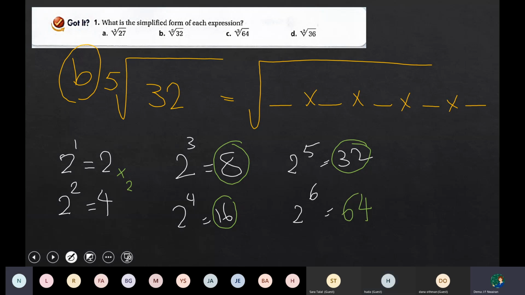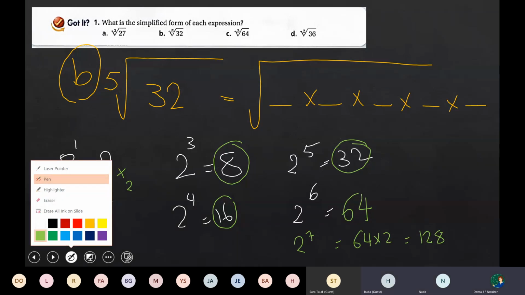So 2 to the power 6 is 64. 2 to the power 7, just multiply 64 by 2. 128. Exactly.